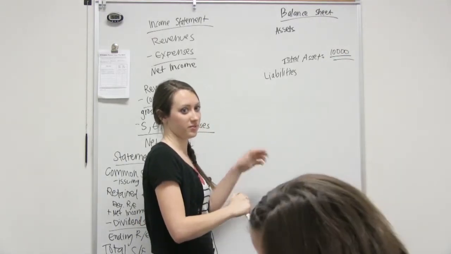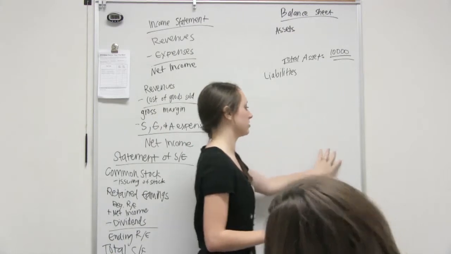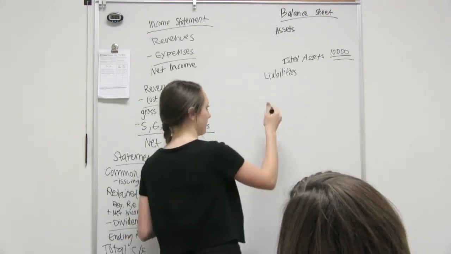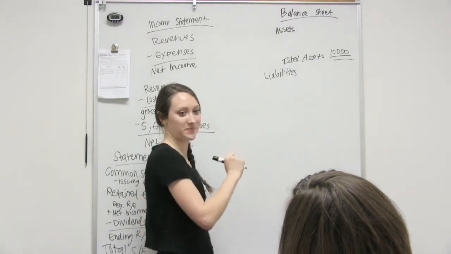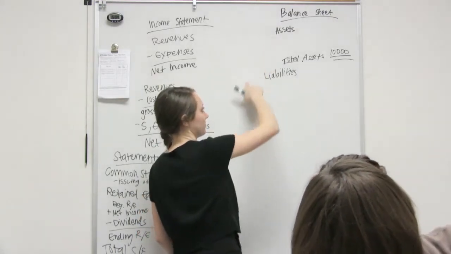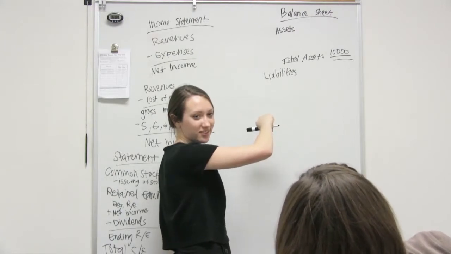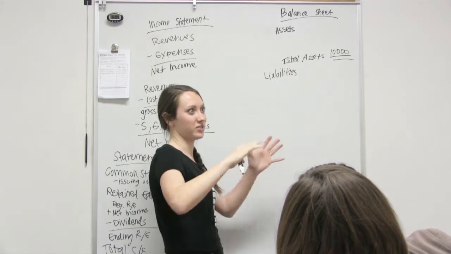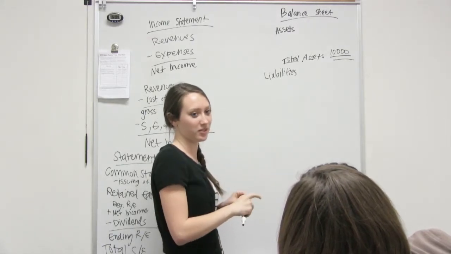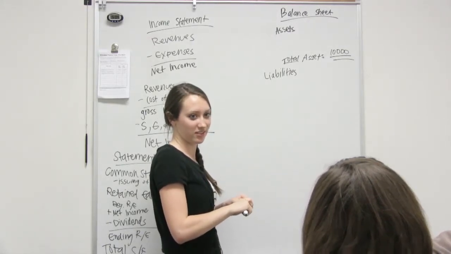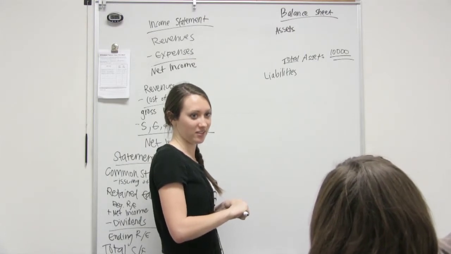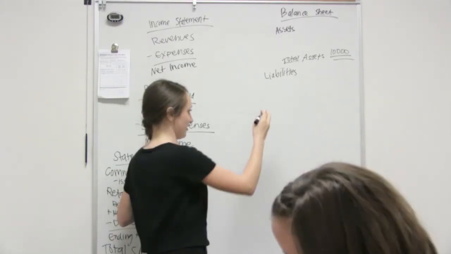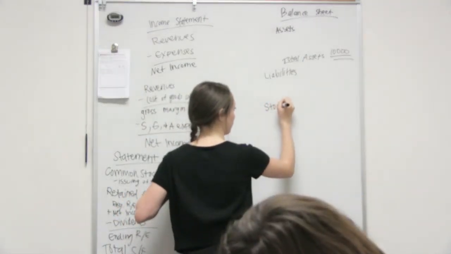Whatever you have for total assets, you want to make sure that liabilities and equity equal that. What's the accounting equation? Assets equals liabilities plus stockholders' equity.